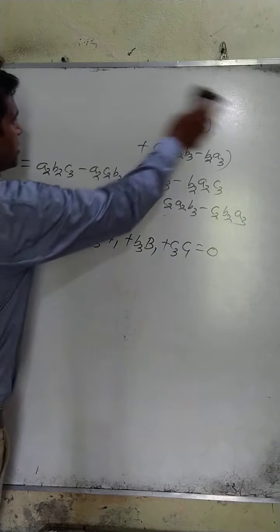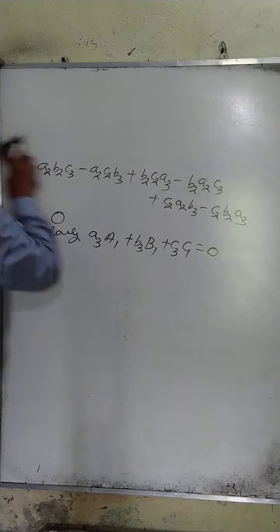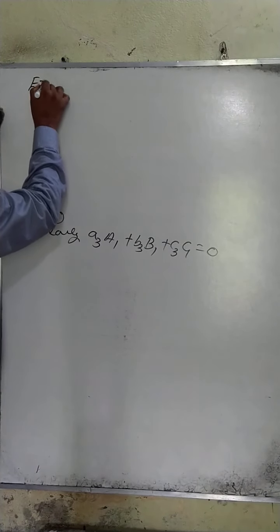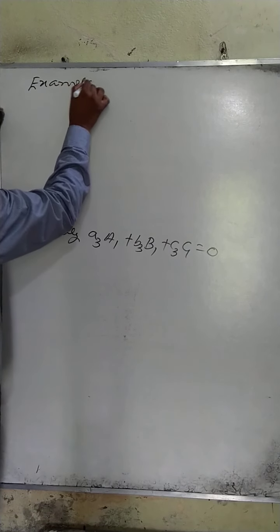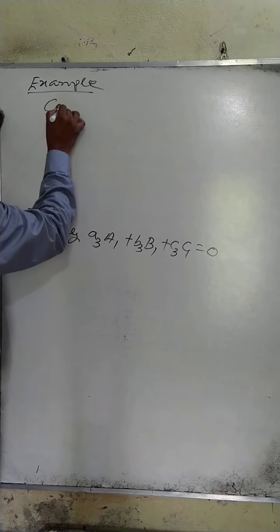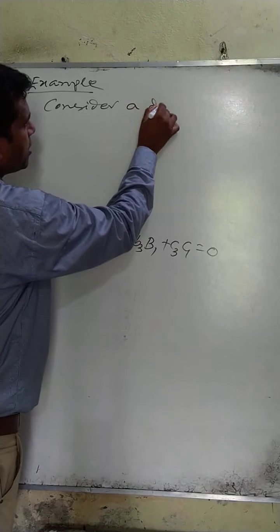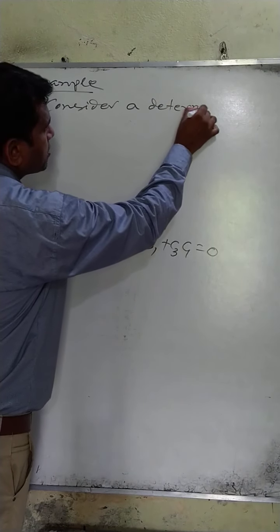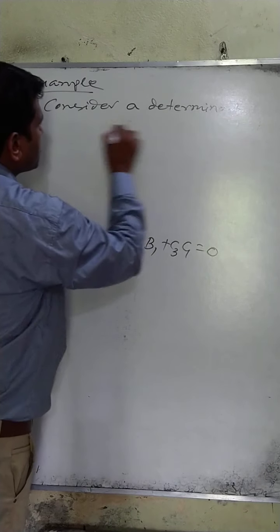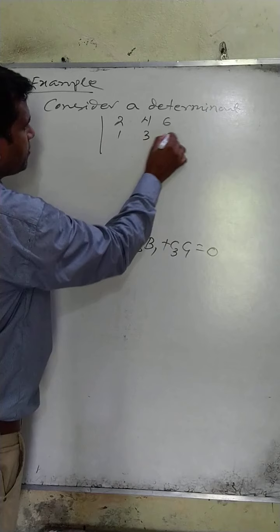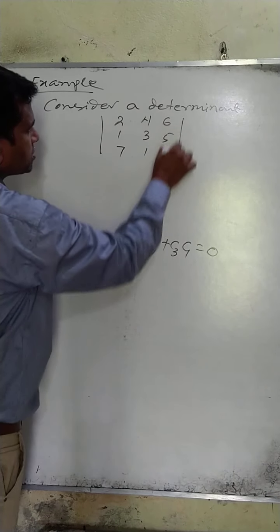Now we take an example. Consider a determinant 2 4 6, 1 3 5, 7 1 6.